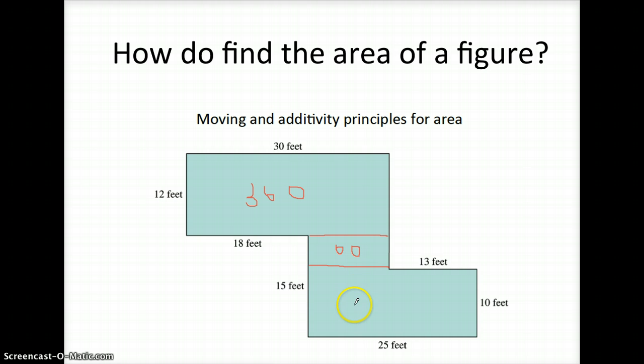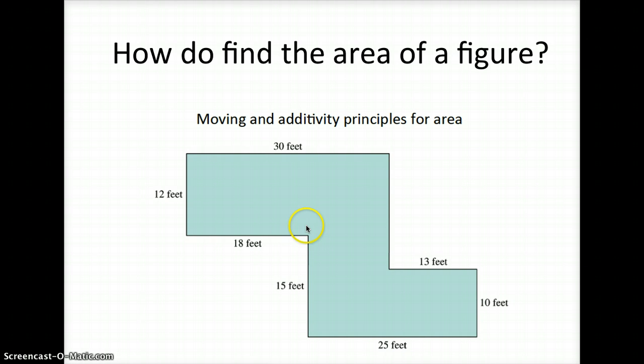And we have 10 times 25, which would give us 250. Anyway, the sum of those three figures would give us 670. We're in feet here, so we would say that this is in square feet, thinking back to our discussions about dimension from the last chapter.